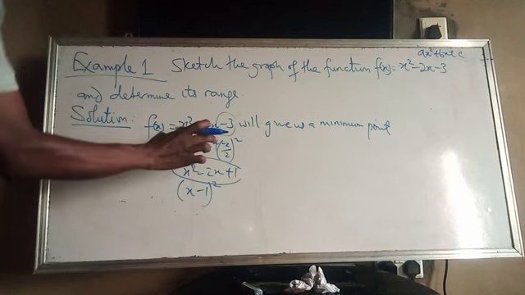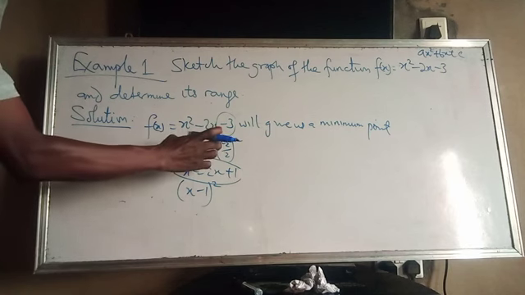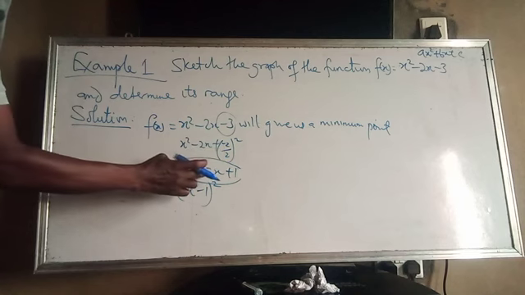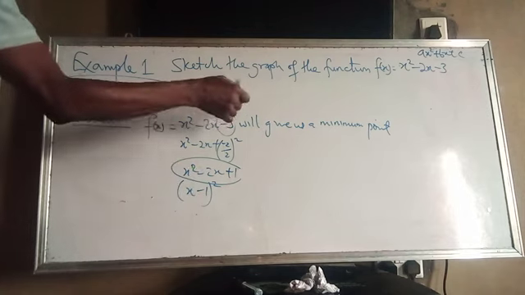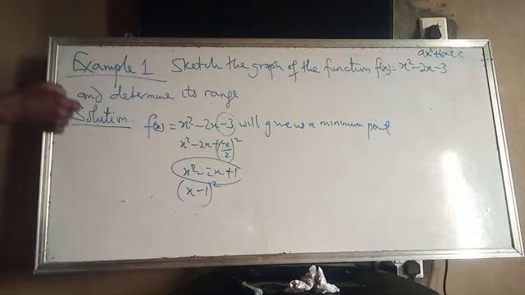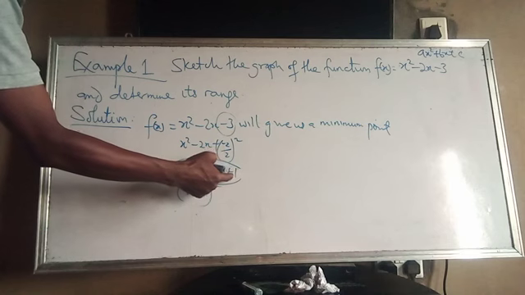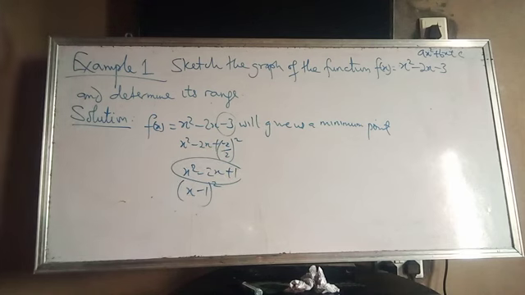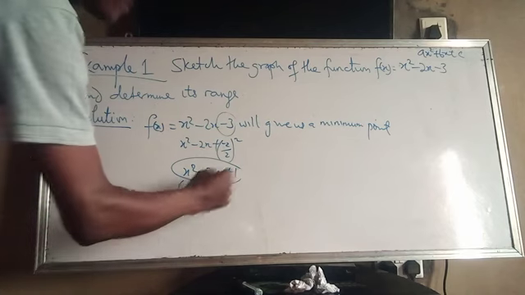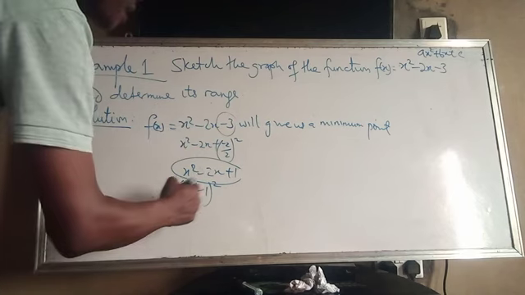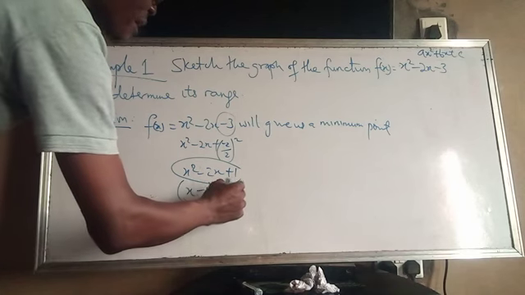How do we revert to the original equation? We need to add something to plus 1 to give us minus 3. That's minus 4. So I can now say that the whole of this will be x minus 1 squared minus 4.